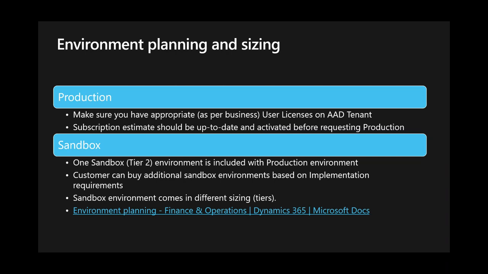Additionally, you will get a sandbox tier 2 environment, we call it, for non-production usage. You can use it for any testing, your UAT, performance testing, data migration, etc. And you can even procure more based on your implementation environment planning strategy. There are multiple tiers from tier 2 to tier 5 in the sandbox environments.